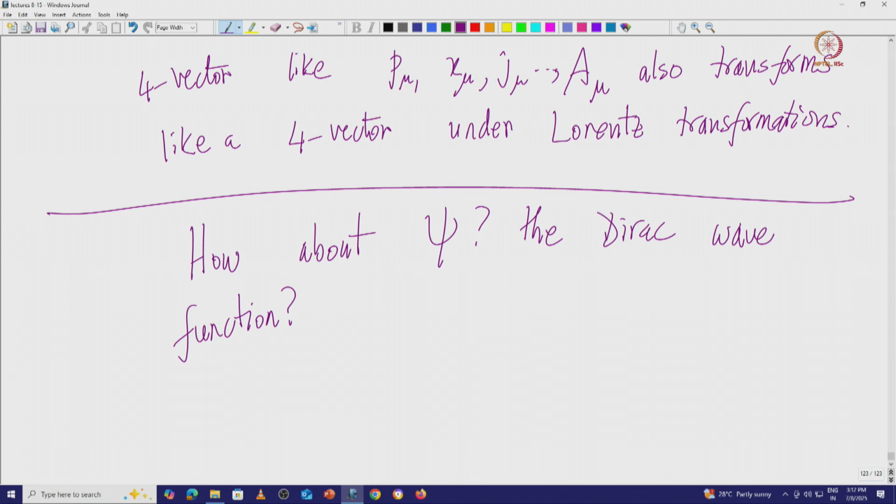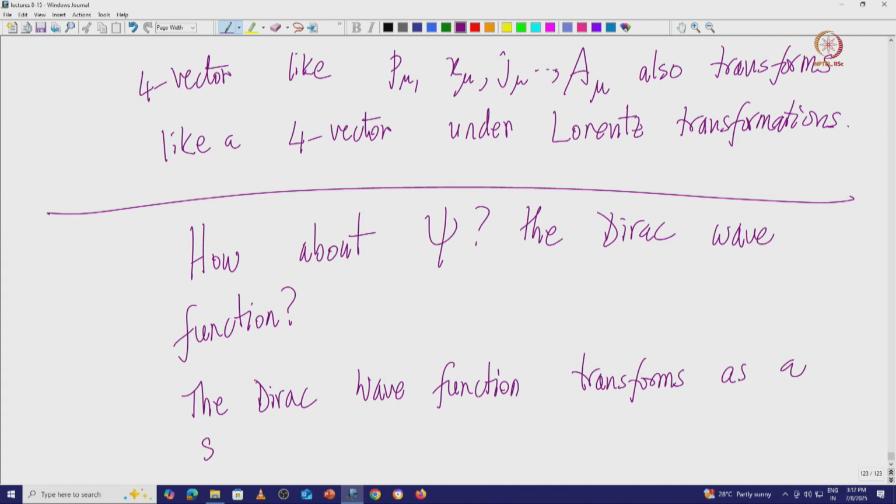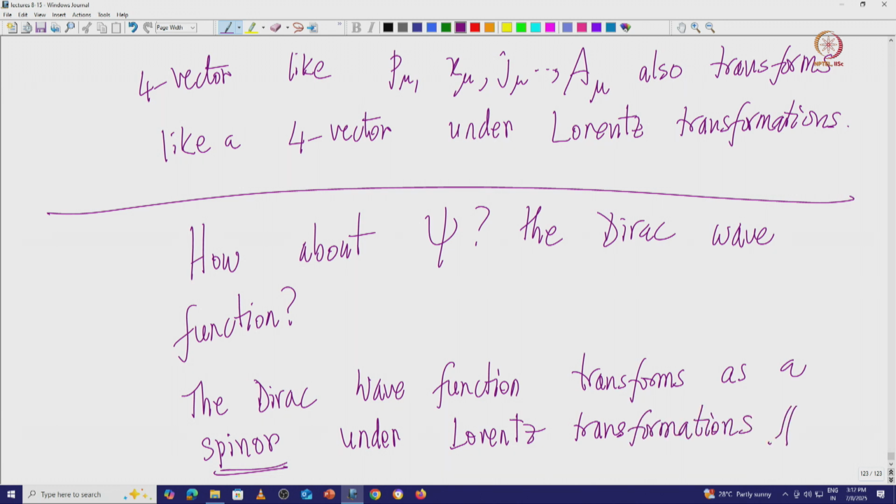The Dirac wave function transforms as a spinor under Lorentz transformations. This is what we have been trying to get to. How does the Dirac wave function transform? It transforms as a spinor under Lorentz transformations.